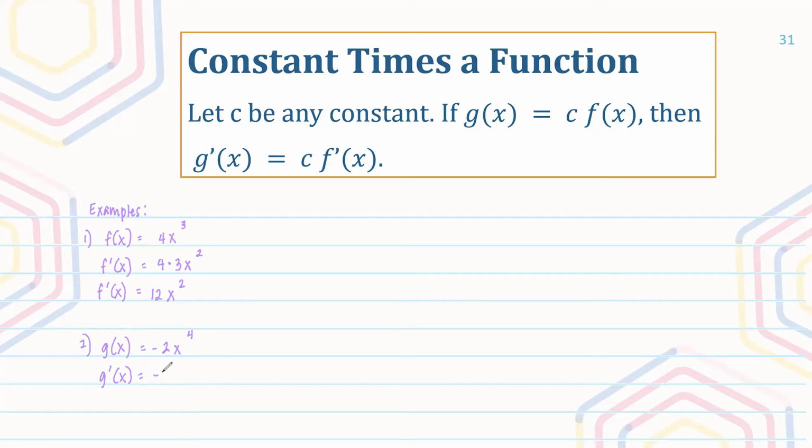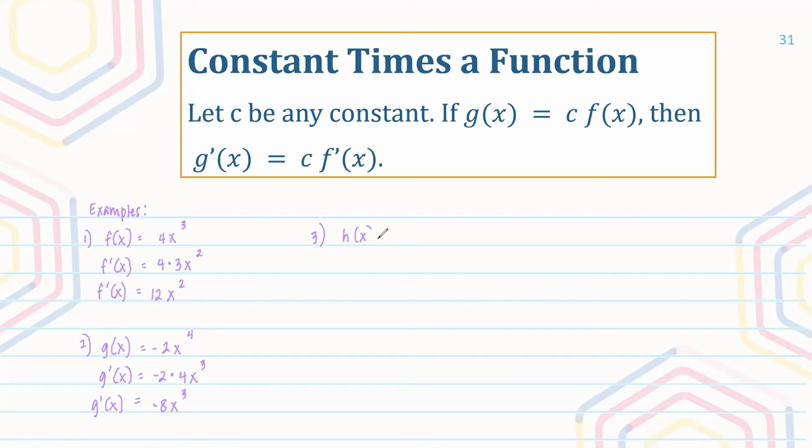So we have here negative 2 times the derivative of x raised to 4 following the power rule. We have 4x, 4 minus 1 is 3. So g prime of x is equal to negative 2 times 4, that's negative 8x cubed, and that is our derivative.